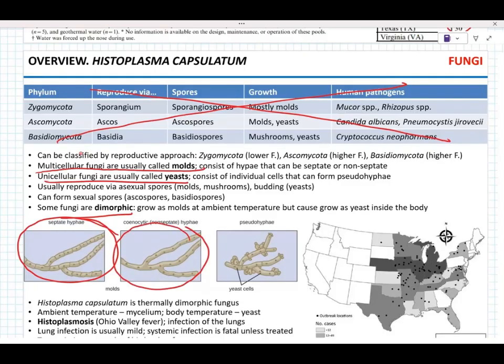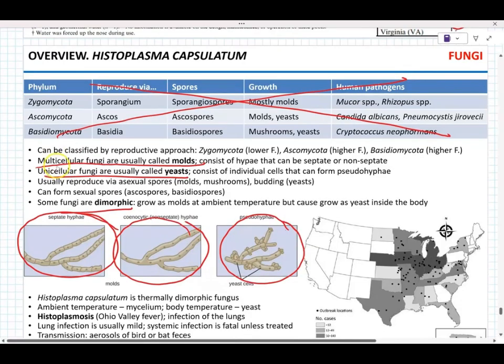They form hyphae, the fuzzy appearance, right? While yeasts are unicellular. These chains of cells actually are chains of individual independent organisms. Now, all of them can reproduce by fragmentation, hyphal fragmentation or budding in yeast. All of them can reproduce by spores, either sexual or asexual.